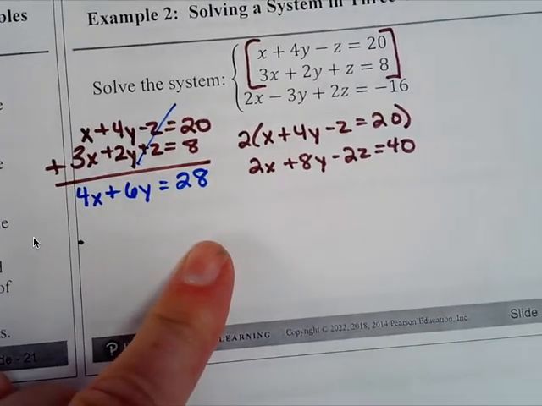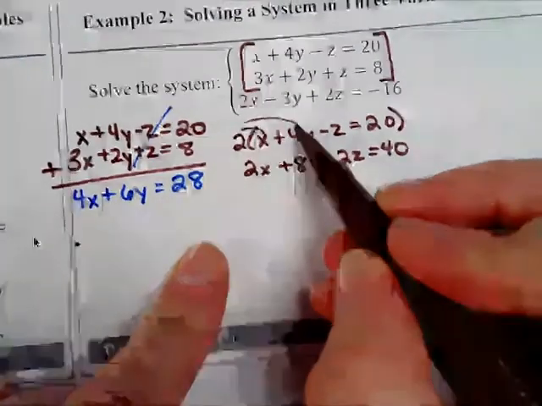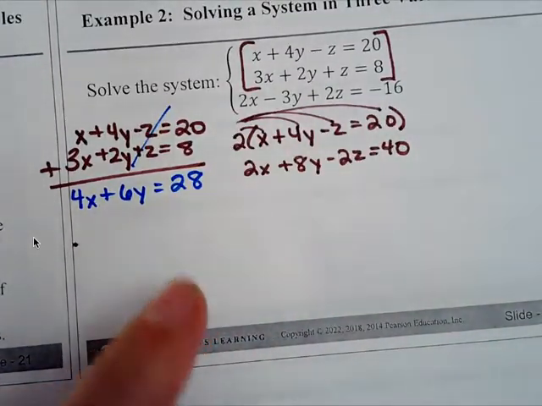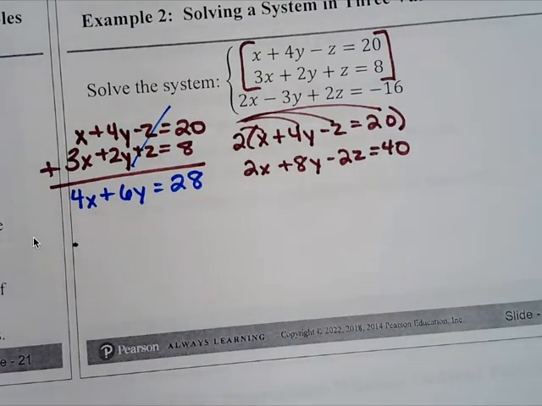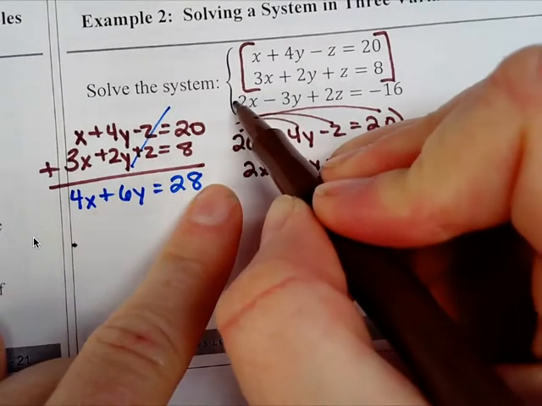Once you start going for one letter, you can't switch letters, right? Right, exactly. Because I chose to get rid of z first, I'm going to have to get rid of z in a second grouping so that I have two variables with two equations. So then with that equation, you would use the third. Yes, I'm going to use this one now.